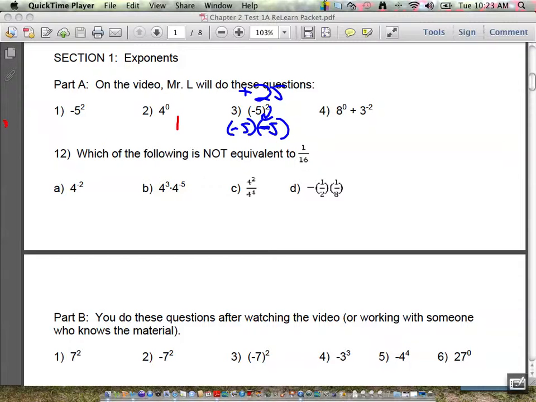I want you to say -5 does not say. Go ahead. Ready? Go. -5 times -5. This means square the 5, then negate it. So what is 5 squared? Everybody? 25. Then negate it. So the answer to number 1 is -25.